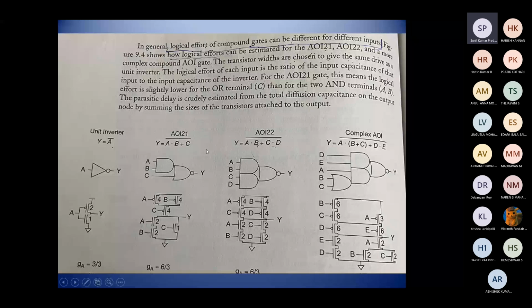So whenever a question asks you to design these compound gates, you have to draw these compound gates and design them with this CMOS logic. That should be your way of representing.